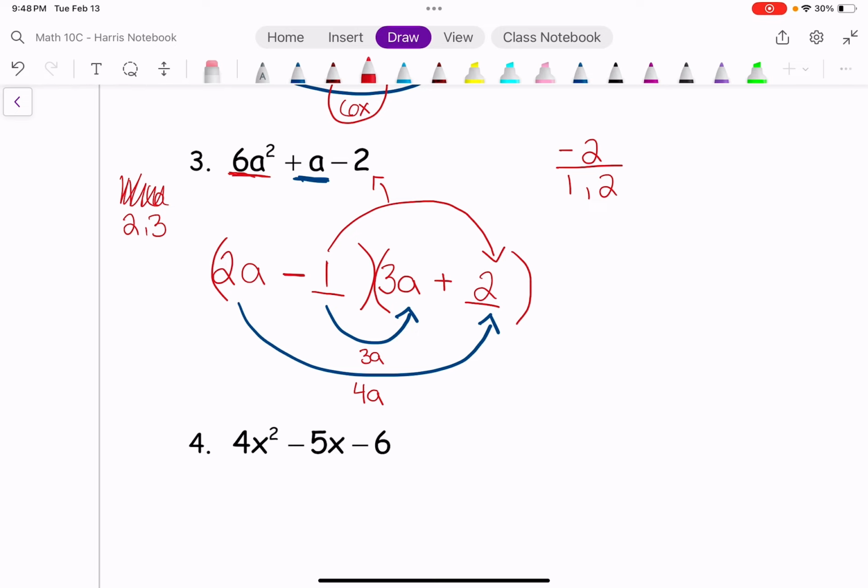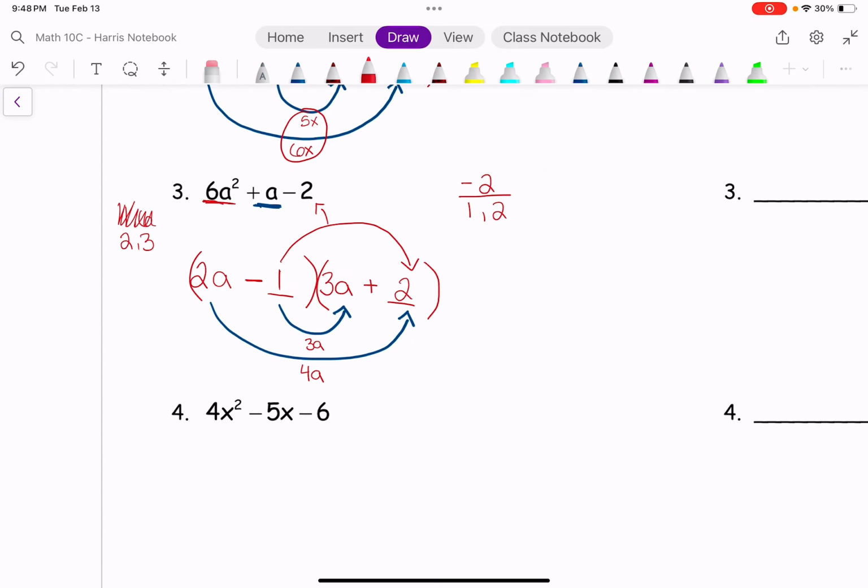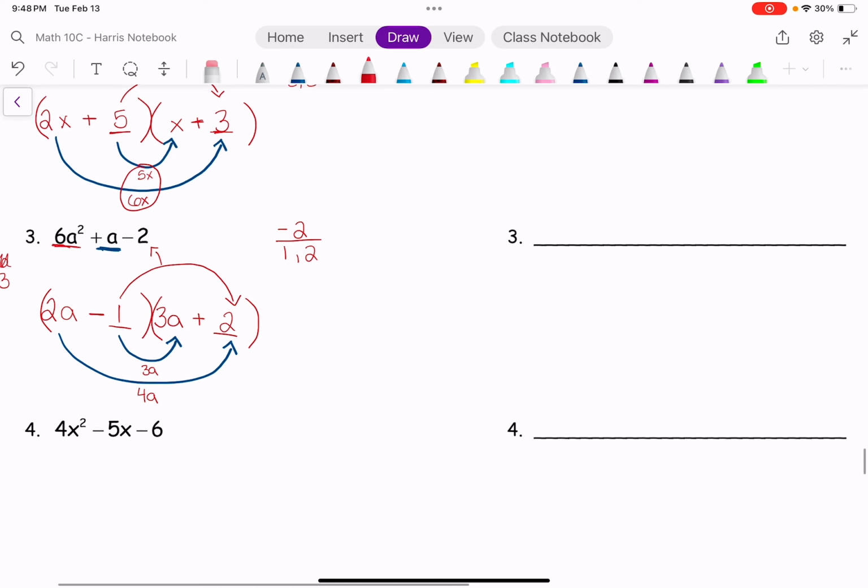So I have 2a minus 1 and 3a plus 2. If I expand this out, it should give me my numbers here.